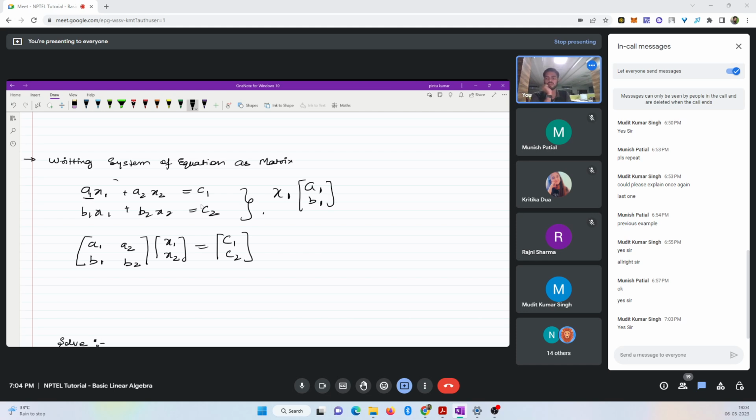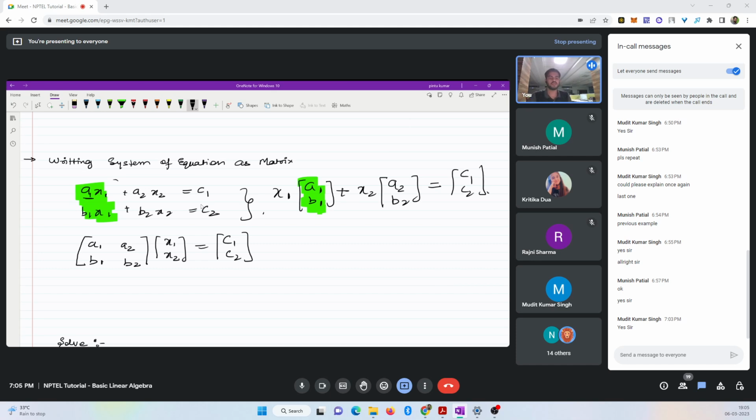So this first portion here is the same as this. In the first row you have A1, multiplied with x1. In the second row you have B1, multiplied with x1, plus x2 into A2, B2. This is equal to C1, C2.